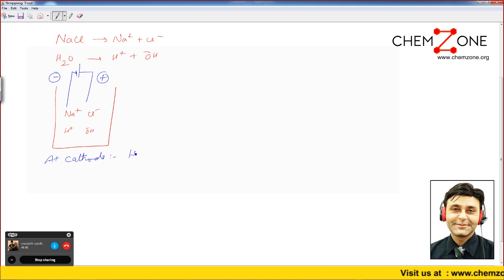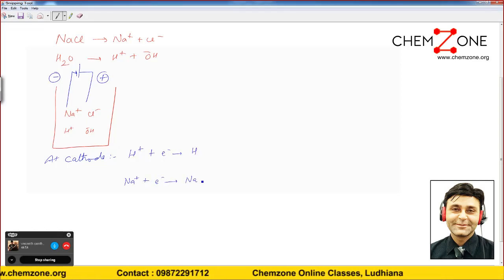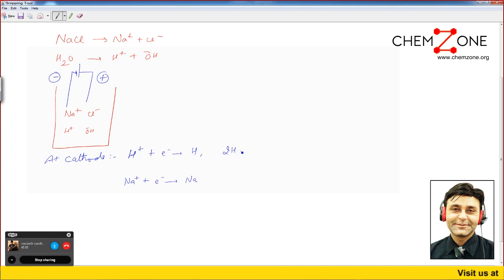At cathode, H positive and Na positive both may be attracted, right? So H positive can gain one electron to become H atom, and two such H atoms combine to form H2 gas.